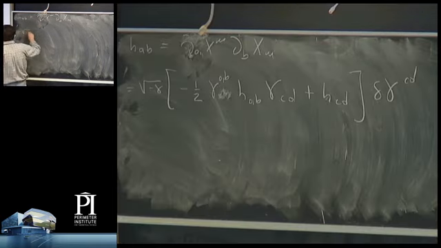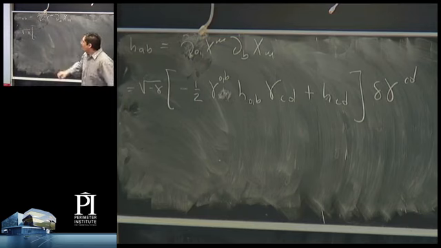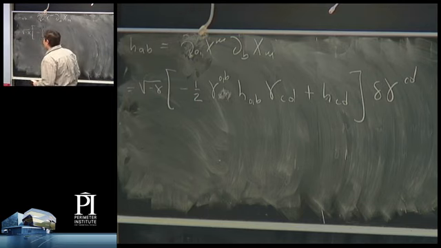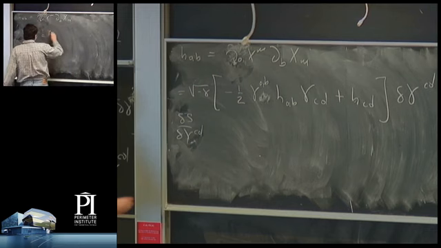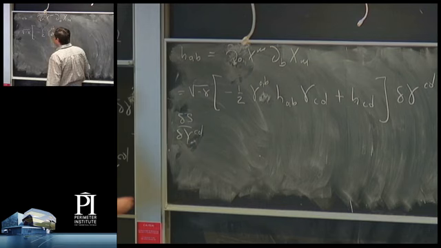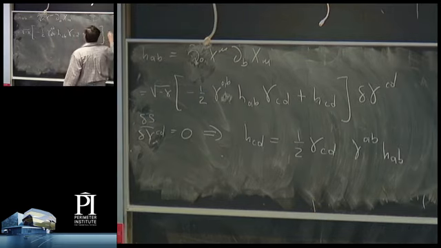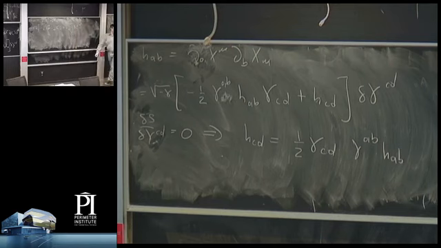So this equals square root of minus gamma, then I have minus 1/2 gamma^AB h_AB, and then gamma_CD plus h_CD, times delta gamma^CD.